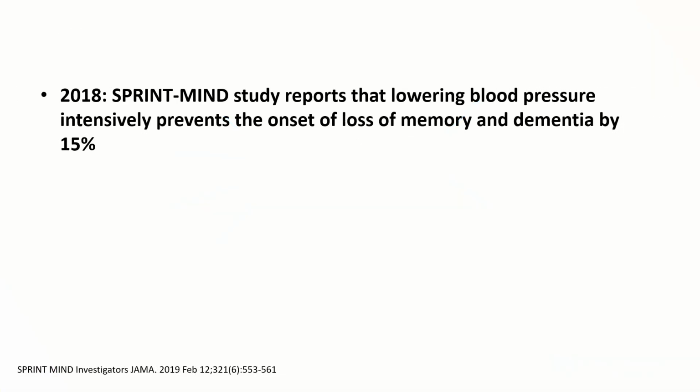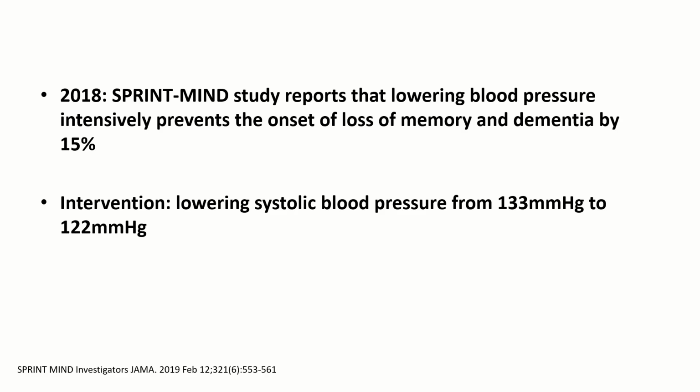So let's just talk about one of our clinical studies, the SPRINT study. This came out about 6 years ago. It showed that if you reduce blood pressure, you reduce the onset of mild cognitive impairment, just mild cognitive impairment, over 3.5 years by 20%. Now this is very important.